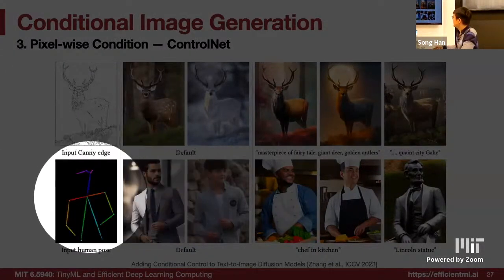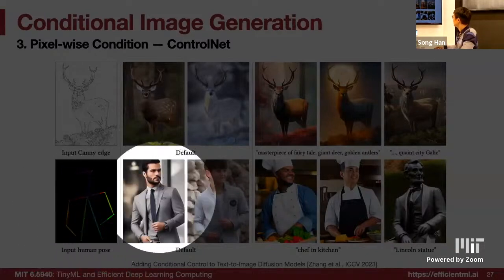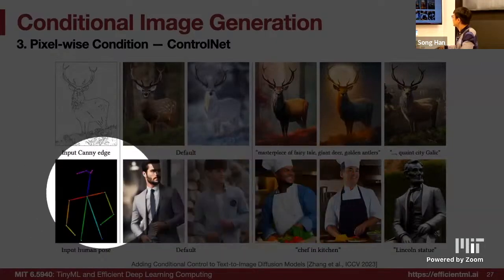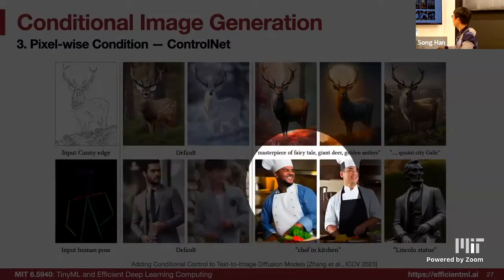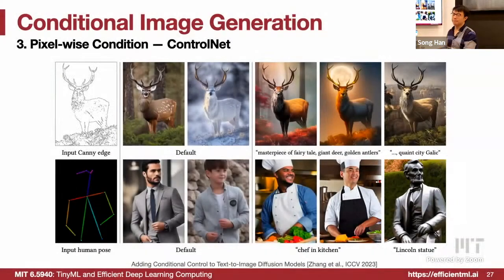This is the head, this is the body, the hands, and then we can generate several images, the chef in the kitchen following exactly the same human pose, or even a Lincoln statue following the exact input human pose.